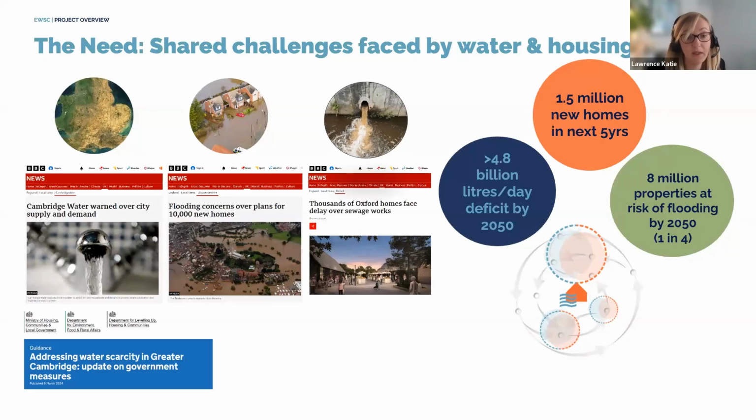In addition to that, there is a massive need for new homes, and the government are pushing for 1.5 million new homes to be delivered in the next 5 years. So Anglian Water's Enabling Water Smart Communities is looking at how we can address these issues in a holistic manner and in an integrated way, working across sectors to enable sustainable growth.